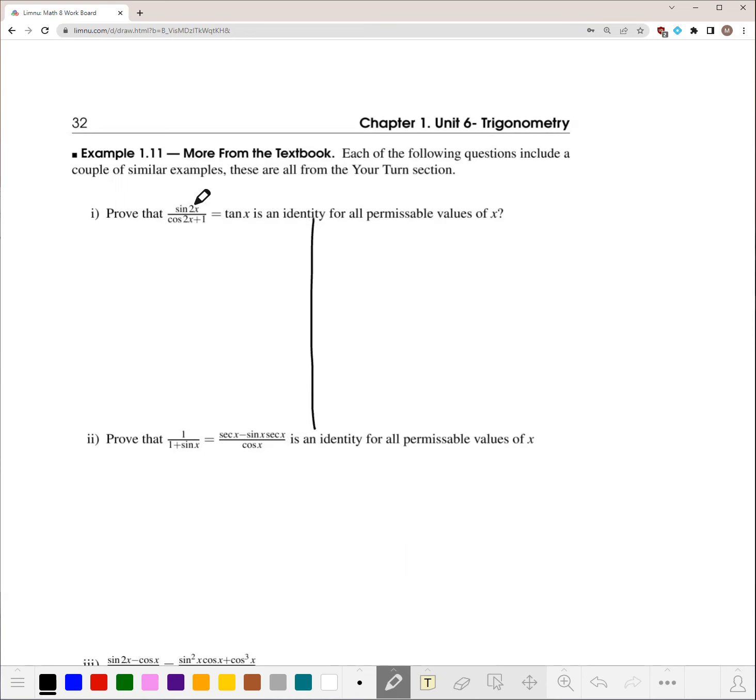I see sine 2x, and I'm going to start by using my double angle identity. And I know that that is 2 sine theta cos theta. Oh, actually, they use alpha, not theta, but we're using x. So I'll go back and use x: 2 sine x cos x. Okay, and so that's on my formula sheet.